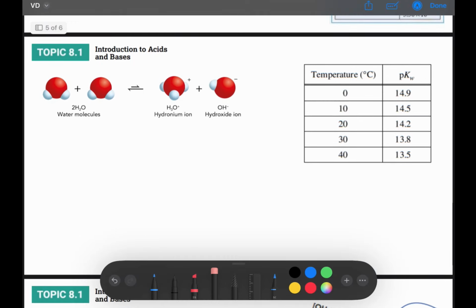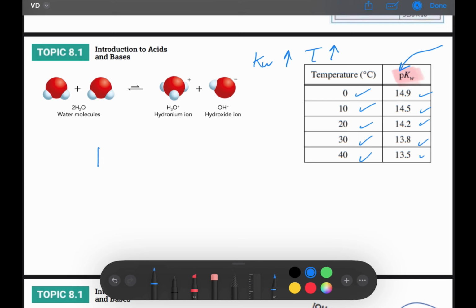The last rule for the Kw for water today. We can give you an example with given values of Kw or pKw. We just noticed that as we increase the temperature, the values of pKw are decreasing, so the Kw has to increase as a result of increasing the temperature. But you have to keep in mind, we have the pKw.